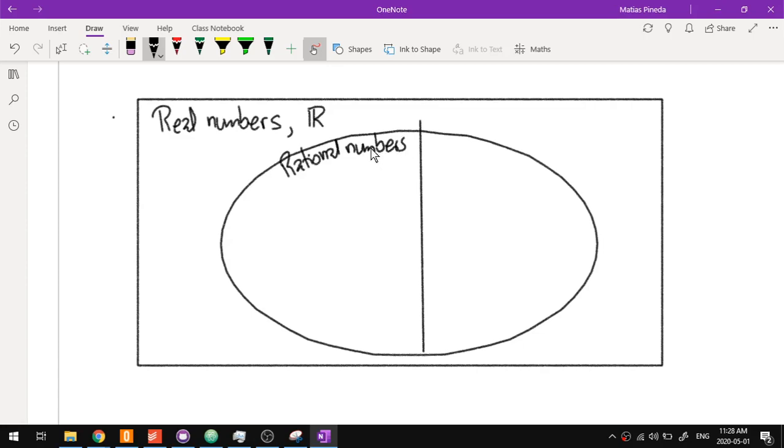And rational numbers are often represented by a capital Q. And on the right-hand side, we have irrational numbers. And irrational numbers are often represented by a capital Q with a bar above it, or just Q bar. Okay, the way this is read is Q bar.